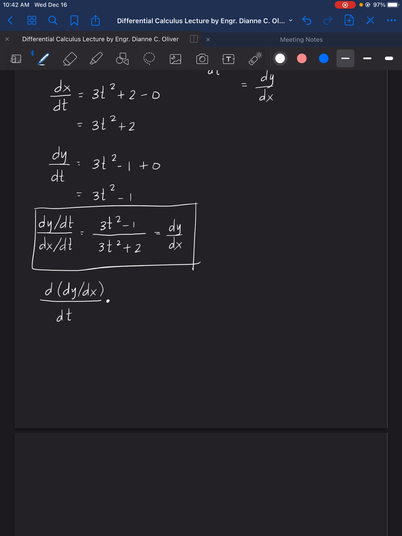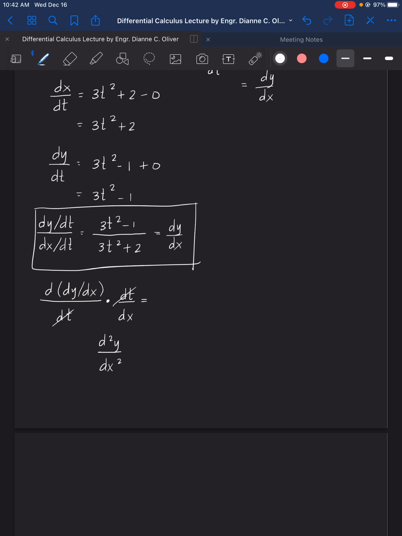So that's why we will multiply this with dt over dx, so that we will cancel out dt, and what's left will be d squared y over dx squared, because that is the second derivative.